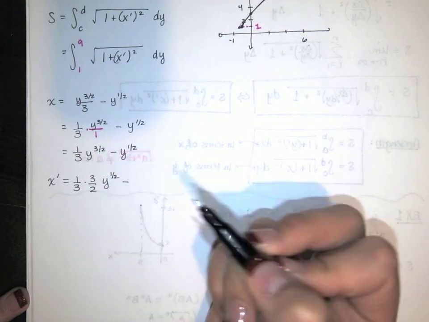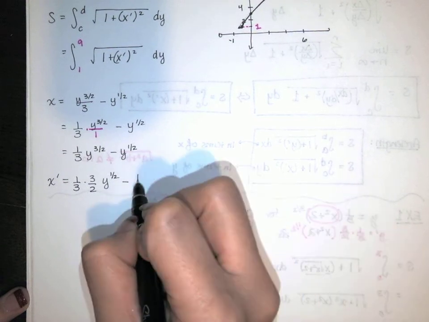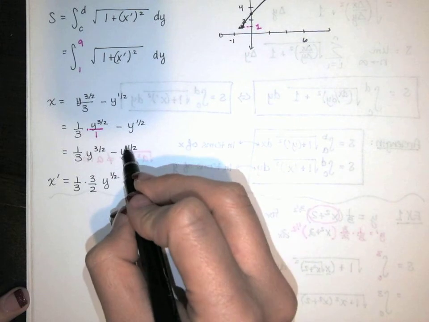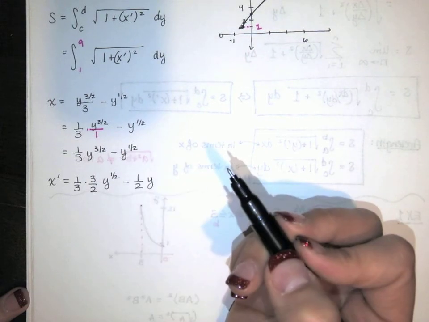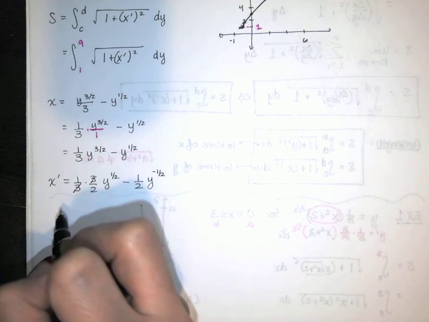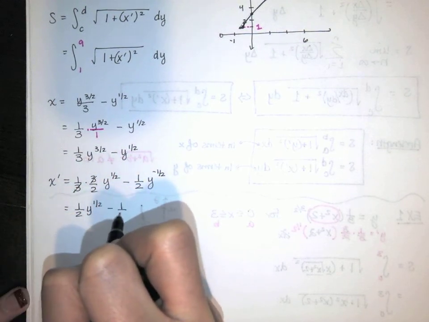And then here, bring the negative down. And then here I've got y to some power, bring the power down, multiply by y to the 1 less power. 1/2 minus 1 is negative 1/2. And the 3's reduce, and we just get 1/2 y to the 1/2 minus 1/2 y to the negative 1/2.